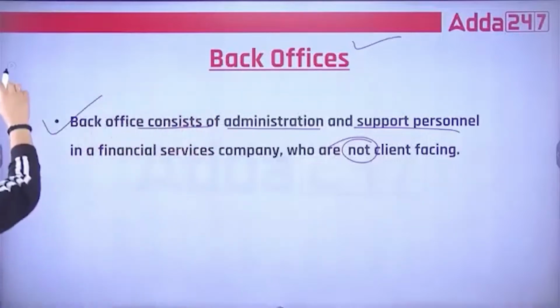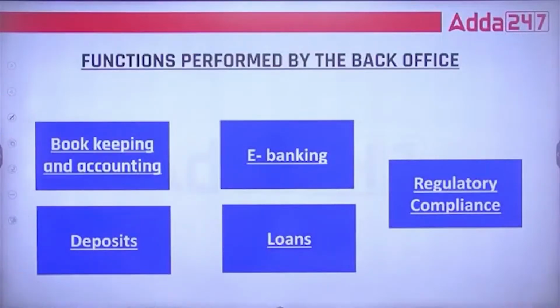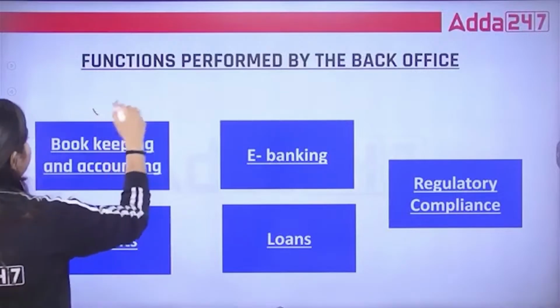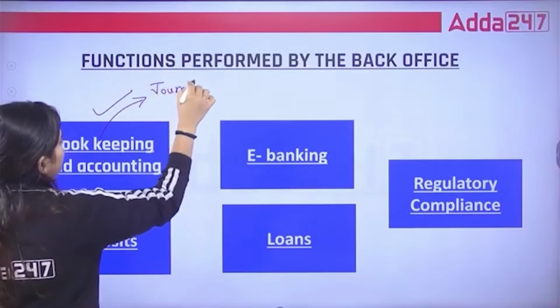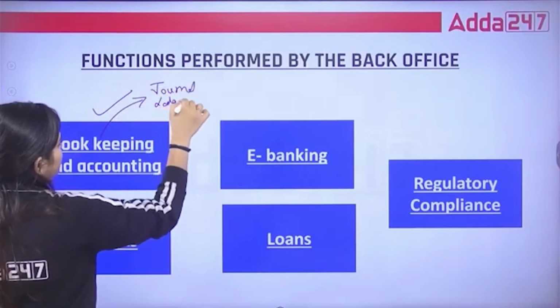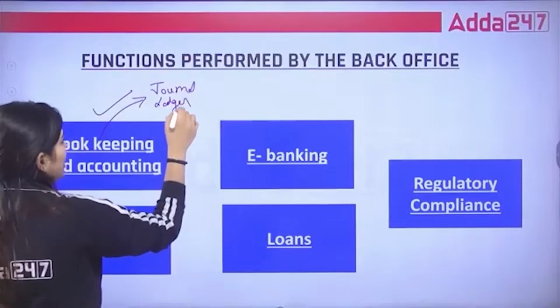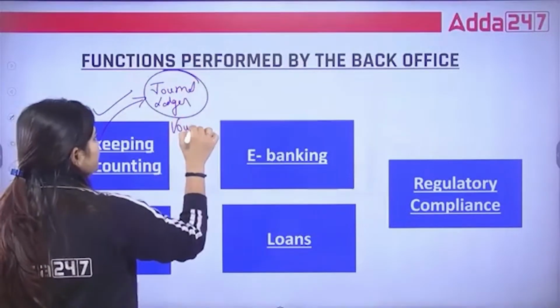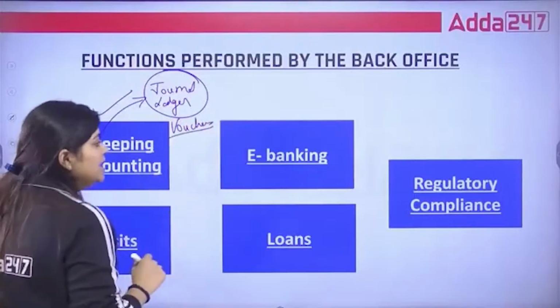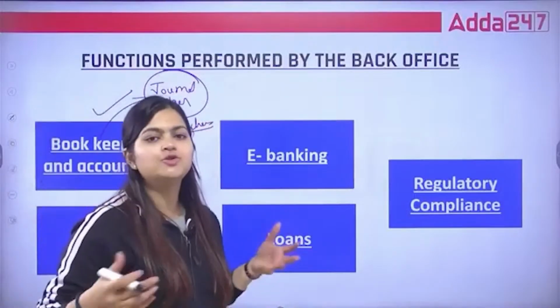Now, if we talk about the functions performed by the back office. So, number one, bookkeeping and accounting. Bookkeeping and accounting means journal, ledger, and accounting, how they are passing, which entry they are using, they are identifying the vouchers, all these things. Okay, then e-banking, electronic banking.